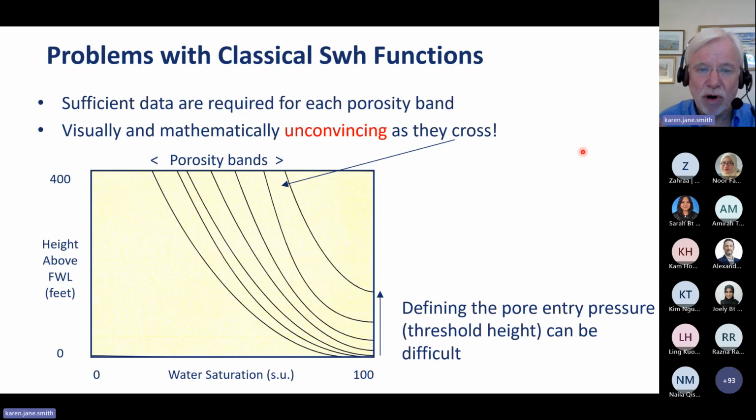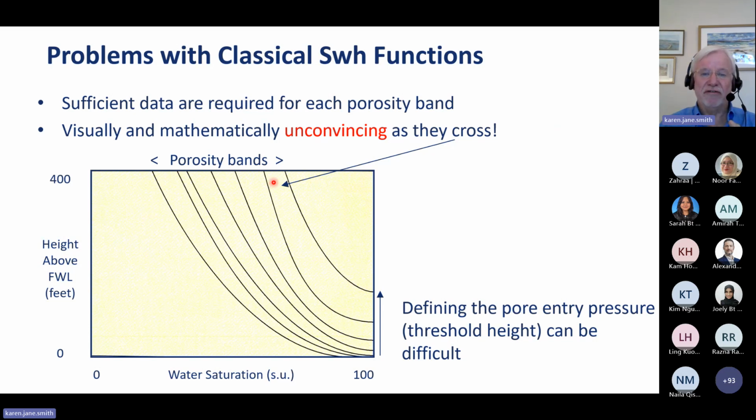Now, there are some problems with this. If you want to derive an SWI function for each of these lines, you'd have to have sufficient data for each of the porosity bands. You'd have to drill wells in poor parts of the field so you could get this curve here. Now, they're visually unconvincing because these curves, these are real curves, actually cross each other.